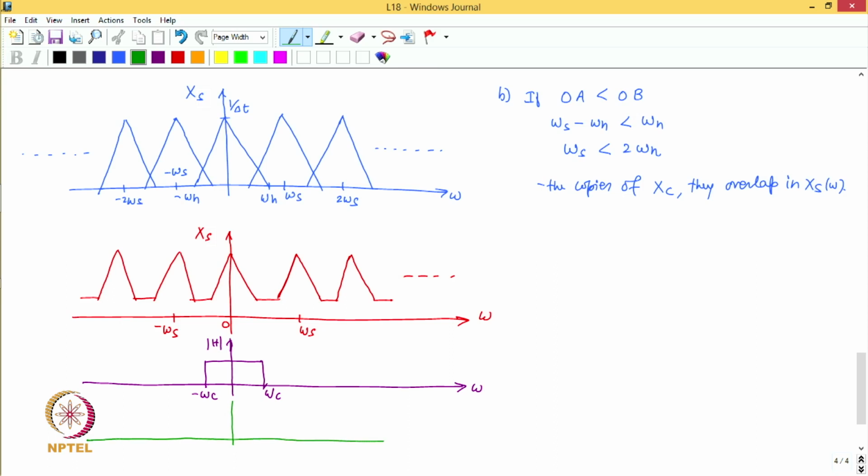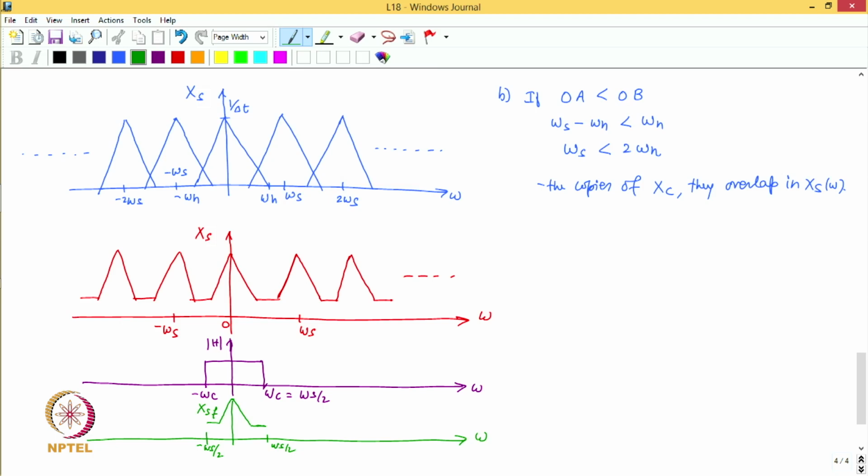If we sketch that here, then it is going to be a spectrum like this, right. So let us say this omega c, if we take equal to omega s by 2, this is basically the frequency omega s by 2, that is the one period of basically Xs omega. So this is nothing but spectrum Xs f, right.